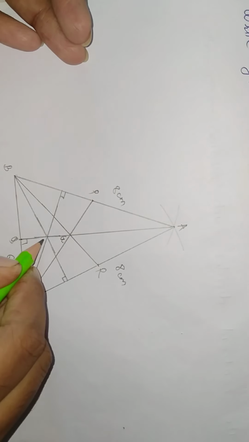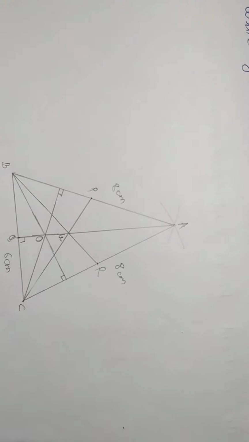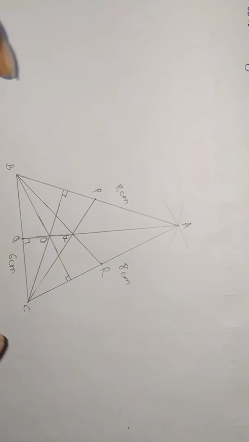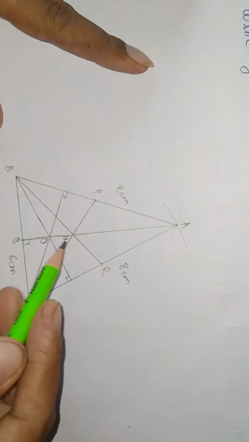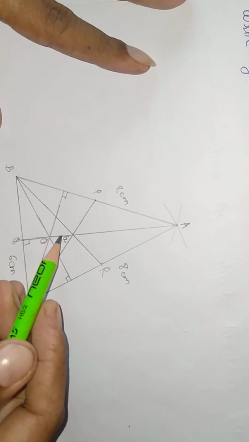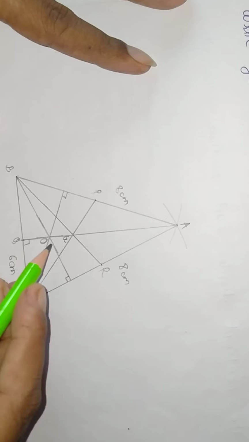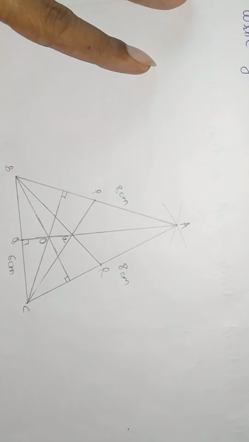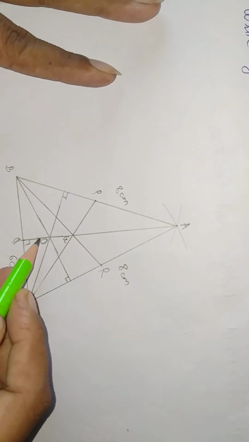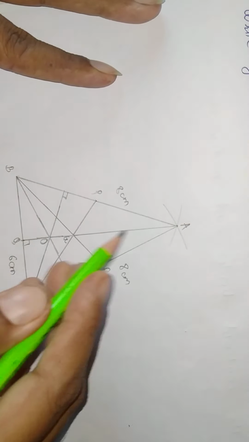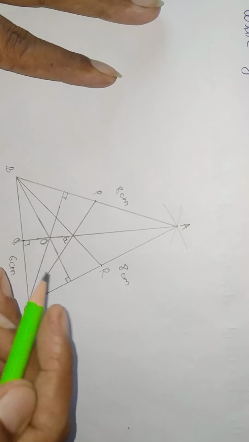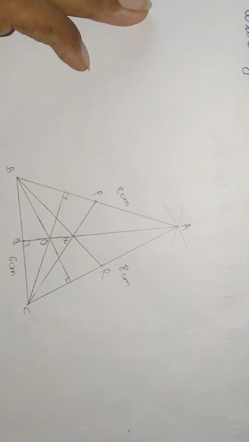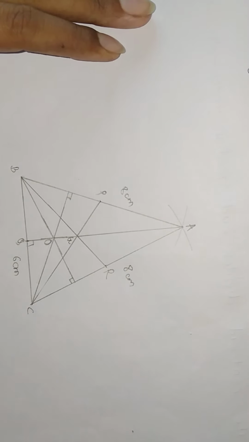This is the orthocenter. We'll write as O. Now what you can conclude for this point of concurrence? Orthocenter and centroid lie on one line. This line you have to write there in observation.